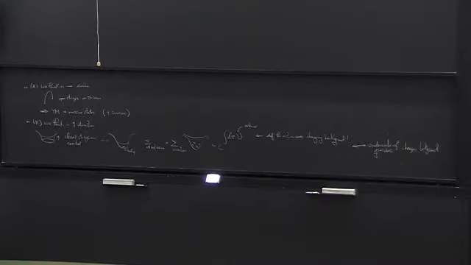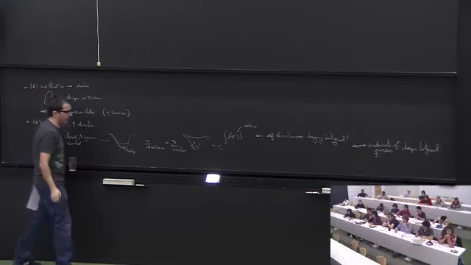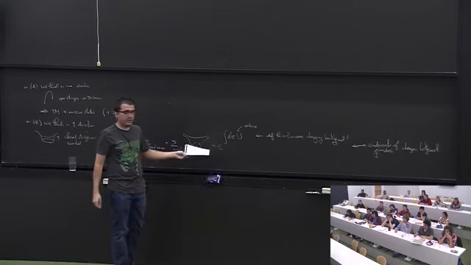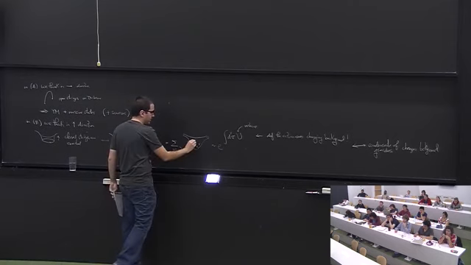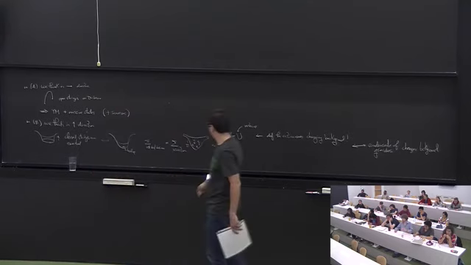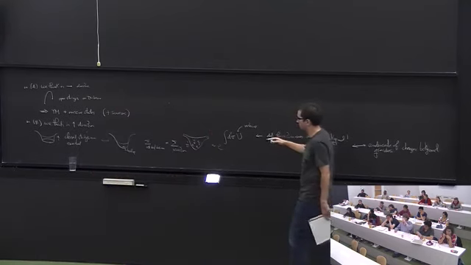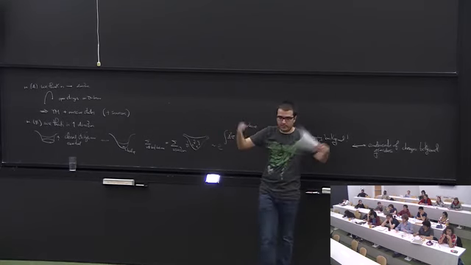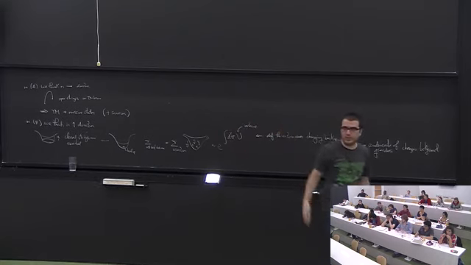Yes? Can you repeat why you get an exponential there? Why the operator? No, I mean, just because of thinking that the operators are roughly free, they are indistinguishable. When I put 4 of them, I will put some 1 over 4 factorial, and I integrate over where they are inserted. This at sigma 1, this at sigma 2. So roughly, I would get an exponential. This is by no means precise. Of course, whatever it is, I'm saying that it has an exponential nature. I mean, it is big. It's something very big that wants to be exponentiated.